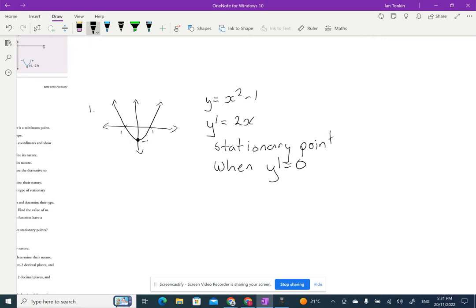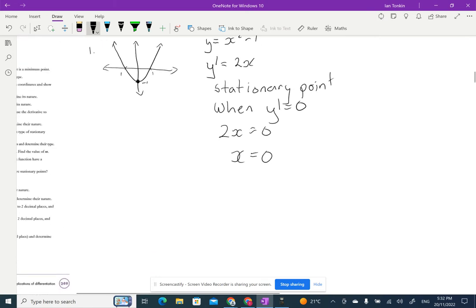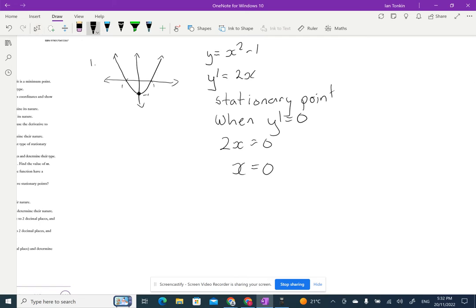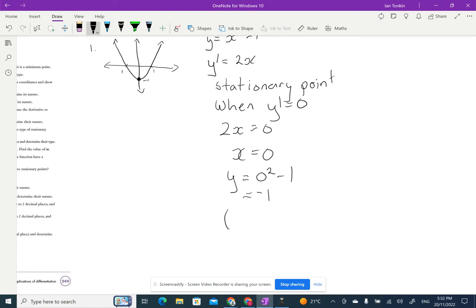So show the examiners you know what you're doing. Therefore, 2x equals 0, therefore x equals 0. Now, when you find a stationary point, you've got to find the y coordinate and show what it is. So when x equals 0, y equals 0 squared minus 1, which is minus 1. So I have a stationary point at (0, minus 1).